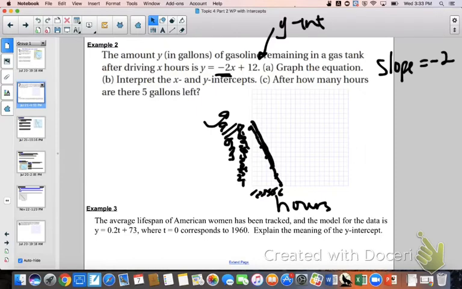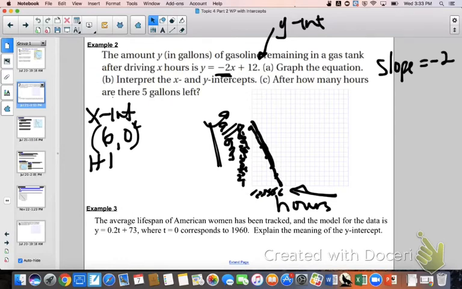Okay, so x-intercept. This hits the x-axis at 6 hours. So therefore my x-intercept is the point (6, 0). And what does that mean? Since y is 0, there are 0 gallons of gas at 6 hours. So basically, it took 6 hours of driving to empty the tank.